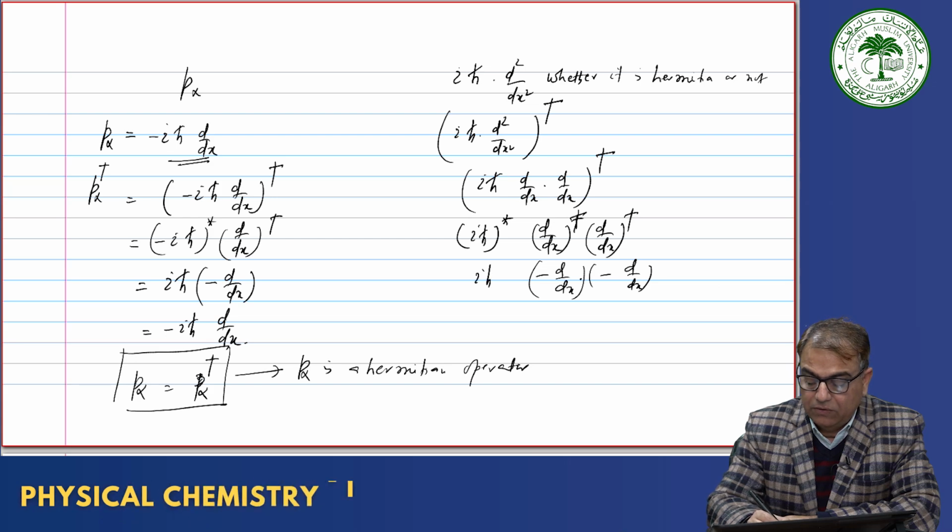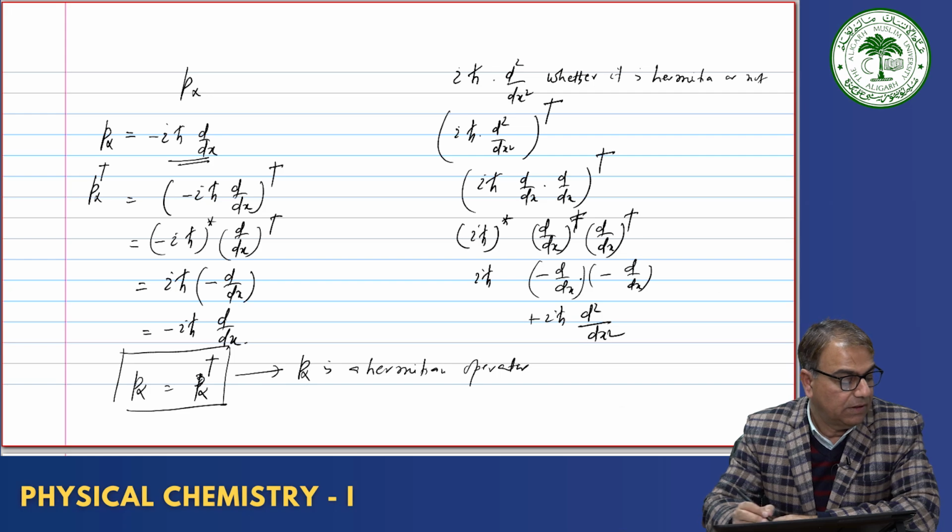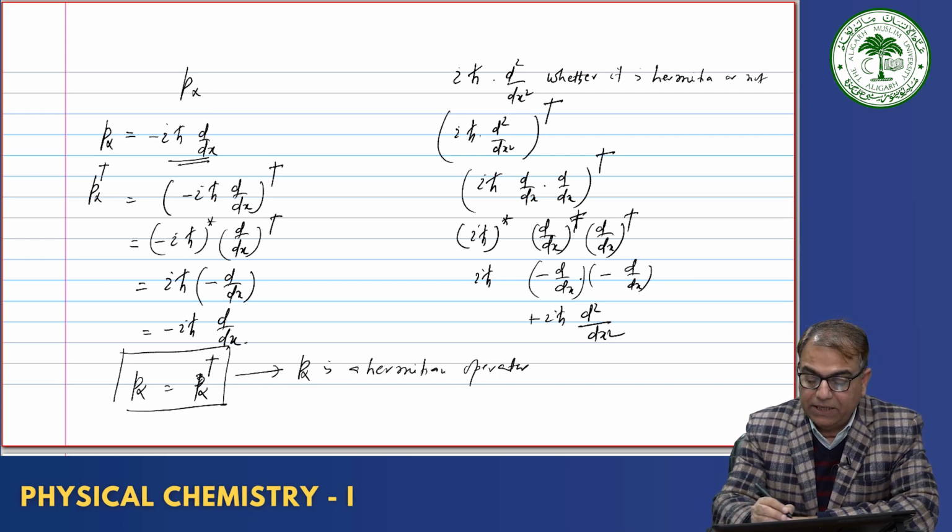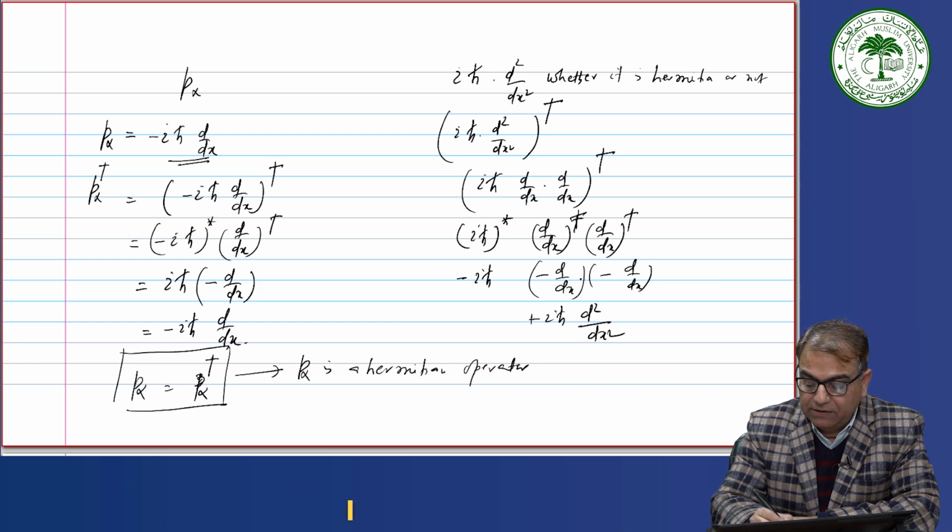So you have plus d/dx d/dx, and i h cross will be minus i h cross. So this will be plus and this will be minus.